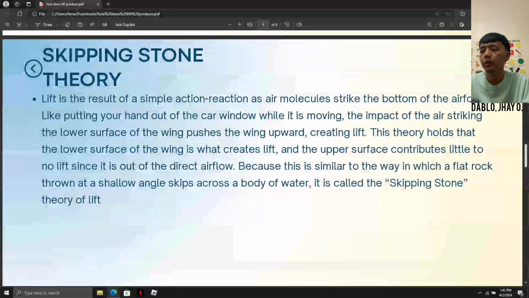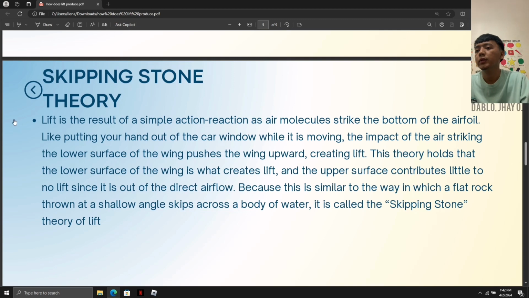Skipping stone theory. Lift is the result of a simple action-reaction as air molecules strike the bottom of the airfoil, like putting your hand out of a car window while it's moving. The impact of the air striking the lower surface of the wing pushes the wing upward, creating lift.